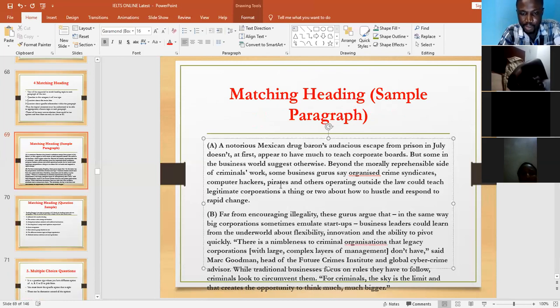Beyond the morally reprehensible side of criminal works, some business gurus say organized crime syndicates, computer hackers, pirates, and others operating outside the law could teach legitimate corporations a thing or two about how to hustle and respond to rapid change.